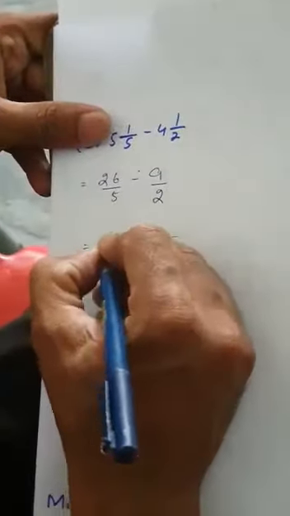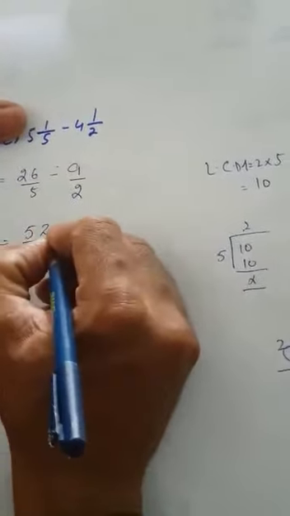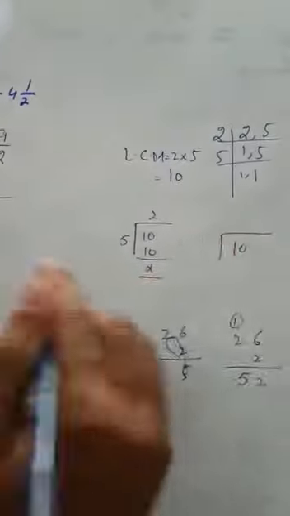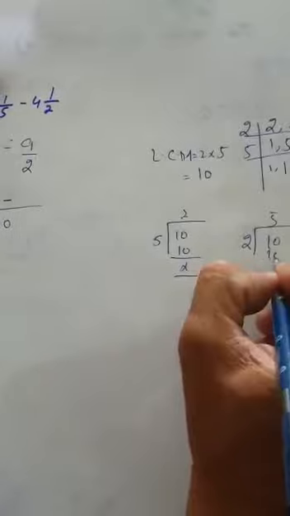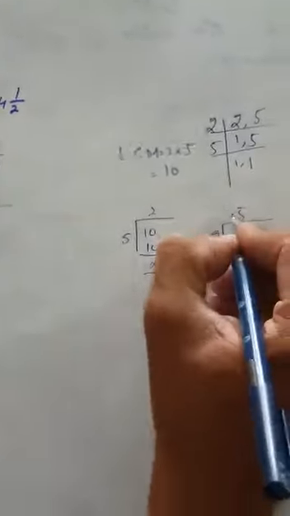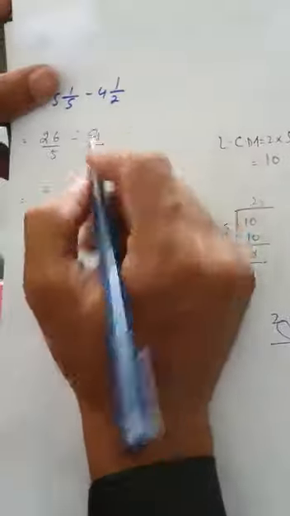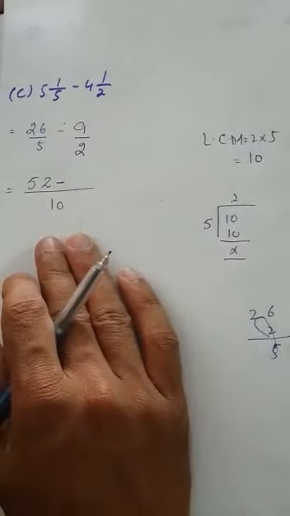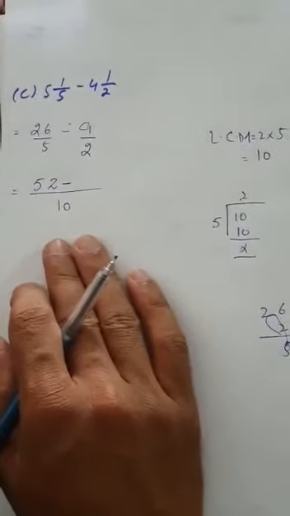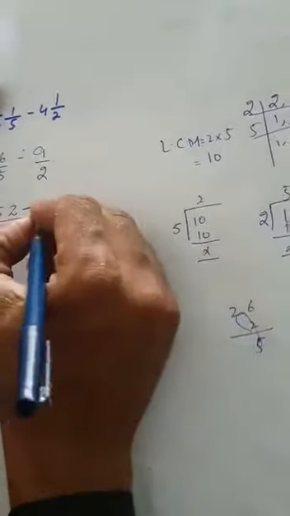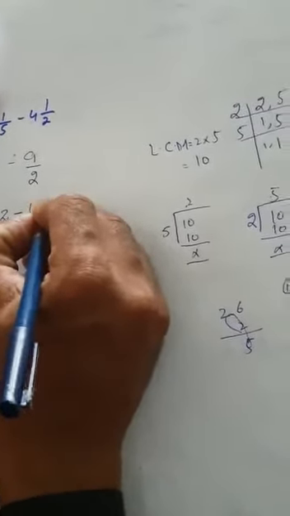So we will write the 52 here, and this minus symbol will be written as it is, and after this 2 5s are 10. Now this 5 will be multiplied by this 9. 9 ones are 9, 9 twos are 18, 9 threes are 27, 9 fours are 36, and 9 fives are 45. So we will write the 45 here.